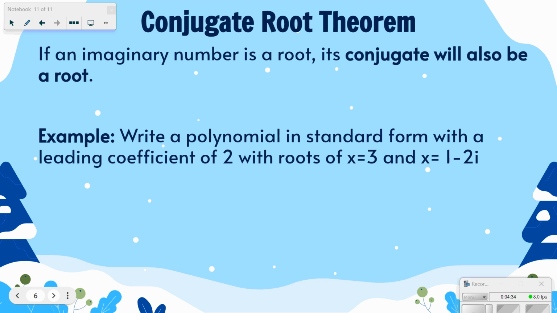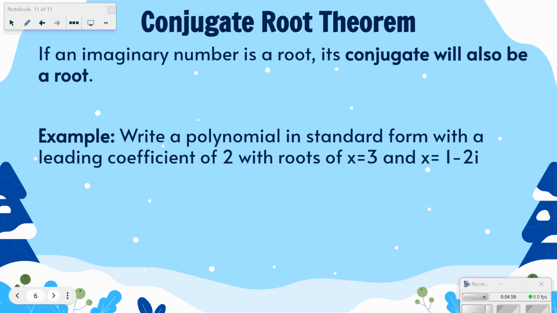So if you know you have an imaginary root, you also know its conjugate pair will also be a solution as well. Right? Because those imaginary solutions come in conjugate pairs from your plus or minus with your quadratic formula.